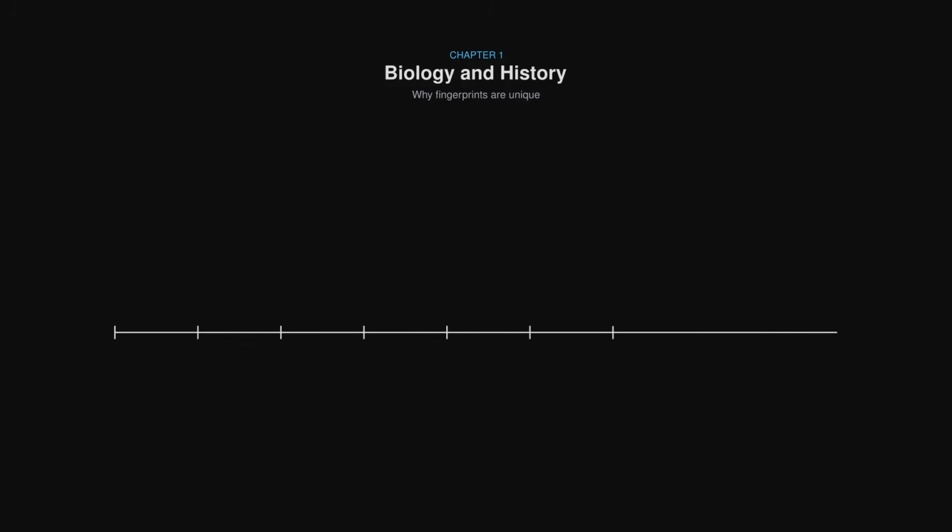The modern scientific era began in 1686 with Marcello Malpighi's anatomical descriptions of ridge structures. By 1888, Sir Francis Galton had introduced what we now call minutiae, the tiny local discontinuities in ridge structure that anchor modern matching.